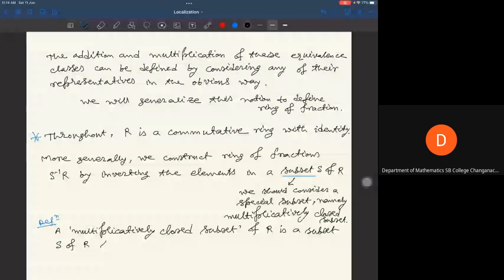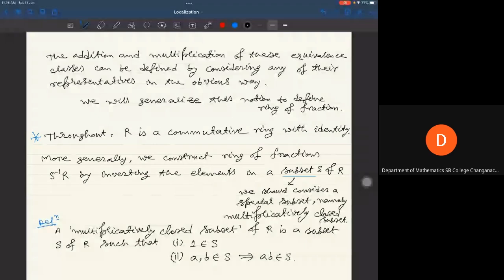First one is that S should contain the multiplicative identity of the ring. And from the name it is clear it is multiplicatively closed, so whenever you have two elements in S, then their product is also in S.